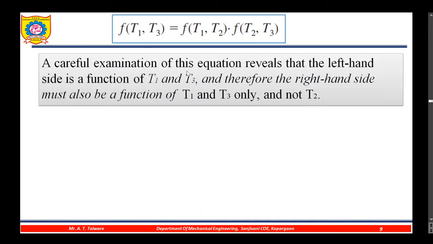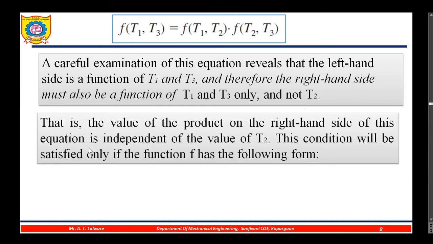A careful examination of this equation reveals that the left hand side is a function of T1 and T3, and therefore the right hand side must also be a function of T1 and T3 only and not T2. That is, the value of the product on the right hand side of this equation is independent of the value of T2.